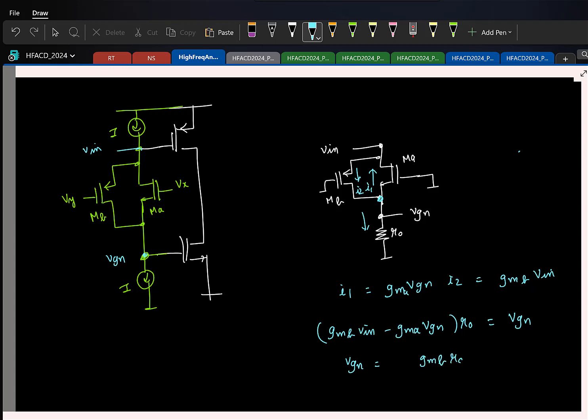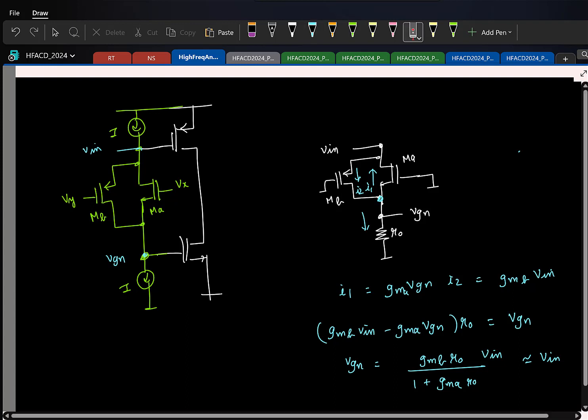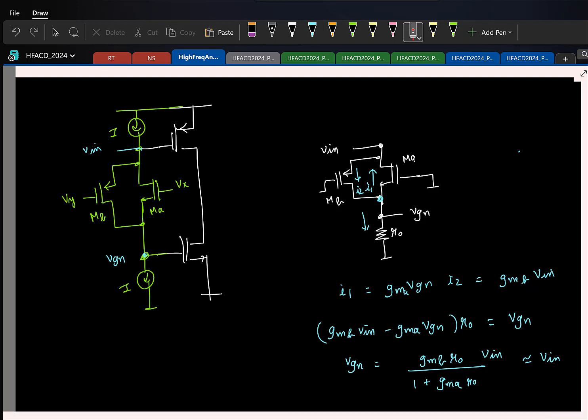GMB R0 V1 plus GMA R0. Now again, if I keep GM of the two NMOS and PMOS to be roughly same, and GM R0 is greater than 1, then this is as good as 0. Right? So if you find the small signal resistance between these two, it's going to be of the order of 1 by GM. So that's why you get a small resistance here. Okay.